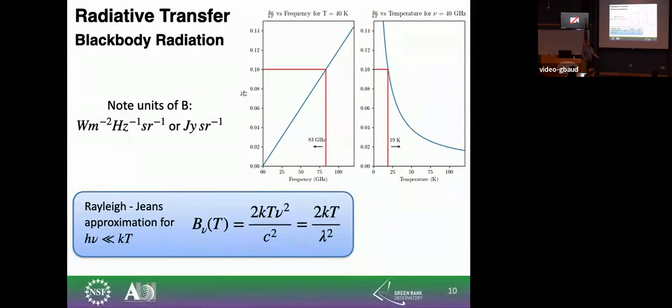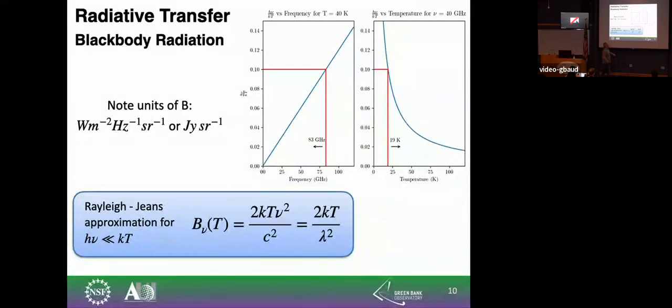If you're looking at a star forming region, 40 Kelvin is probably a little warm. If you're looking at an unknown boundary layer on an HII region, that's actually very cold. So at 40 Kelvin, 83 gigahertz is your cutoff for the Rayleigh-Jeans approximation in a very rough sense. So if you're here to use Argus or something, you're out of that regime, and this may not be true.